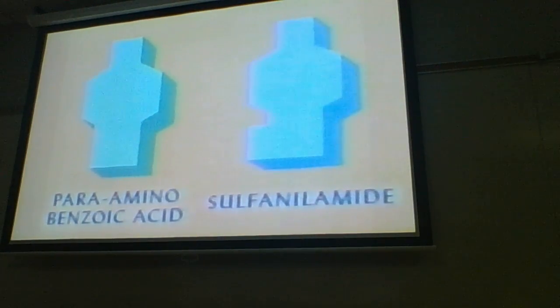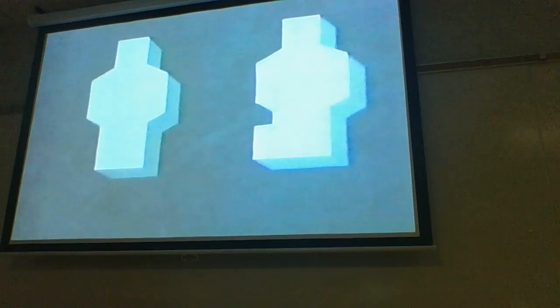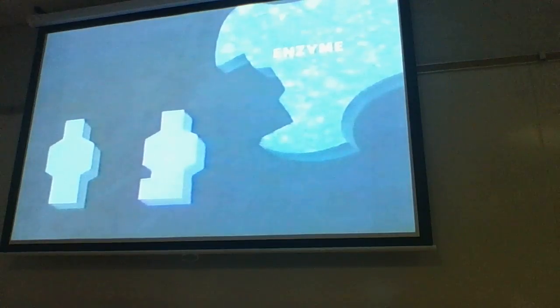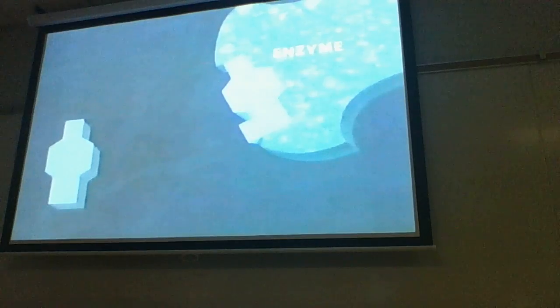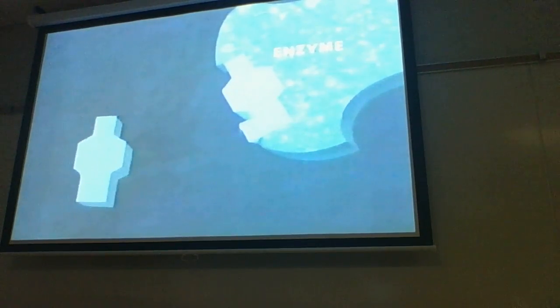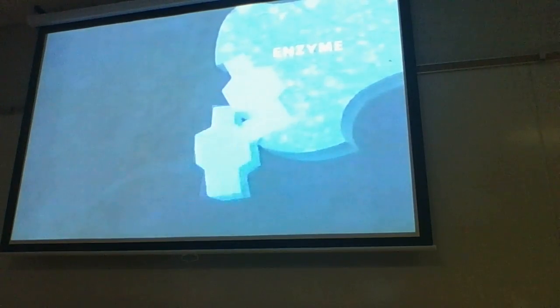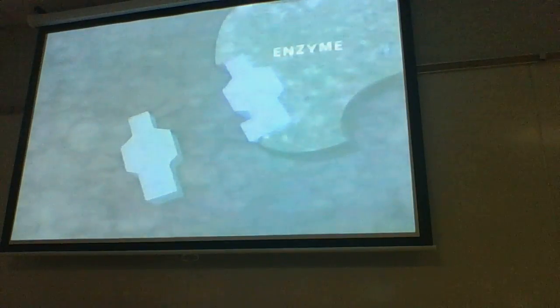Using geometrical representations again, let's include sulfanilamide in the bacterial cell along with the normally present acid molecule. The sulfanilamide too can react with the enzyme. But the sulfanilamide not only fails to activate the enzyme as a catalyst, it also prevents the acid from doing so. Thus, metabolism stops, and the bacterial cell dies.